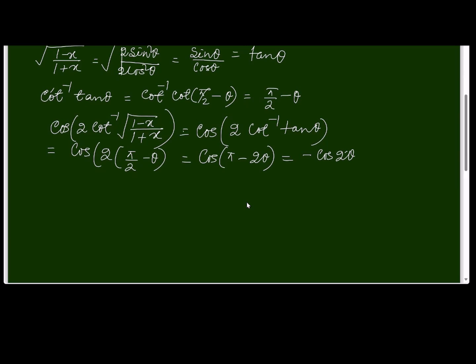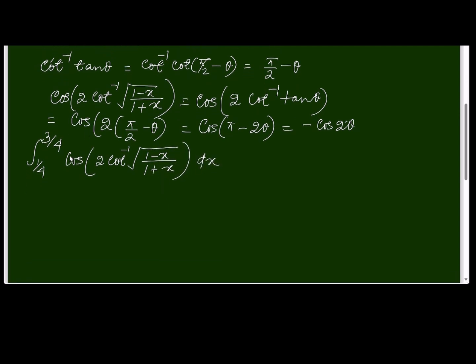Okay, so now coming to integration. The integral from 1 by 4 to 3 by 4 of cos 2 cot inverse square root of (1 minus x) over (1 plus x). I am taking x as cos 2 theta.